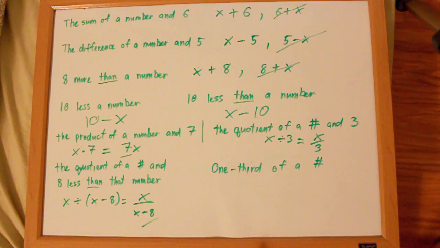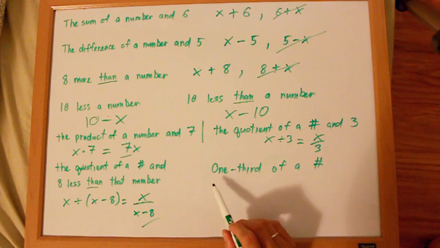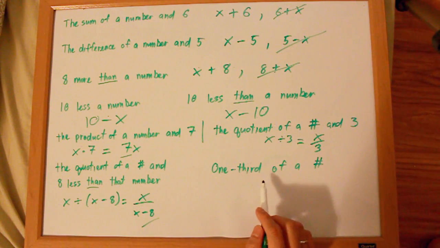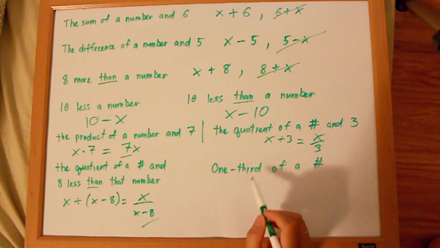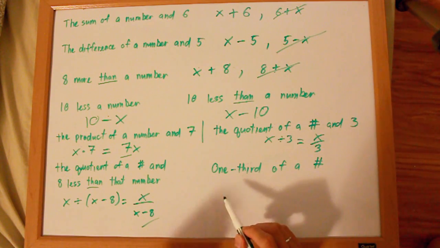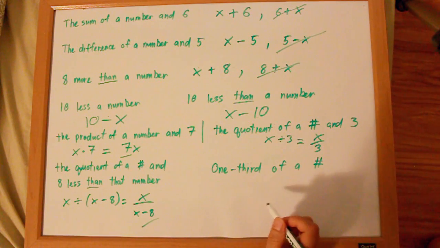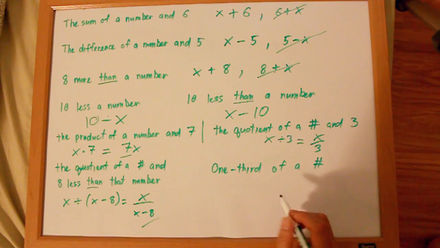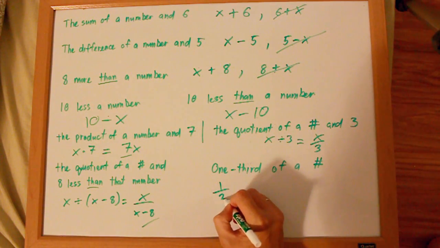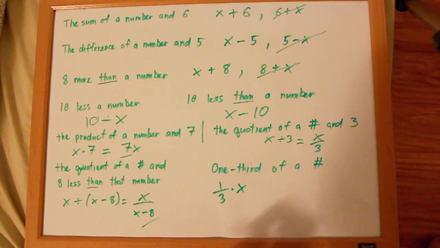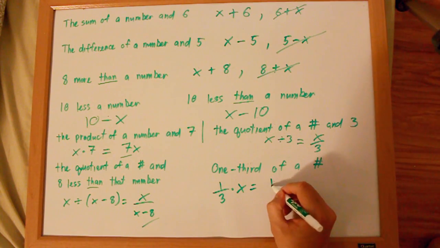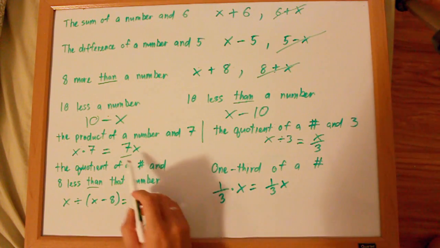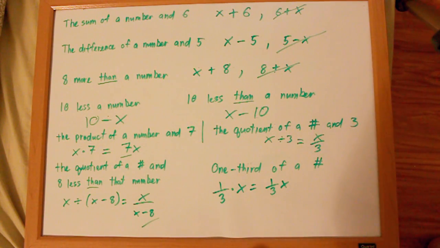That's our answer. And our last problem, 1/3 of a number. In algebra, or in any way of speaking, 1/3 of something, 1/2 of something, 1/4 of some number means a multiplication problem. So 1/3 times x, and you can simply write it as 1/3 x, with 1/3 being the coefficient and x being the variable.